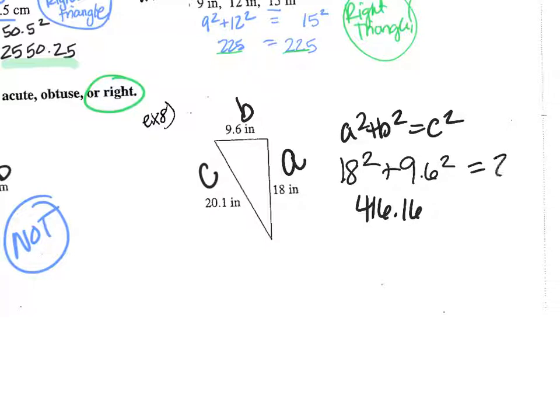Does it equal 20.1 squared? I don't know. 20.1 squared is close, but not close enough. So since these are not the same, not a right triangle.